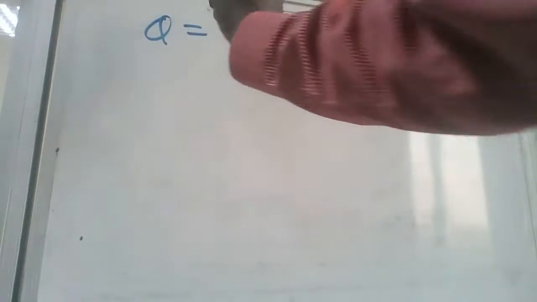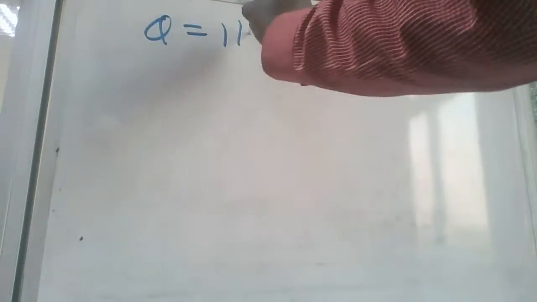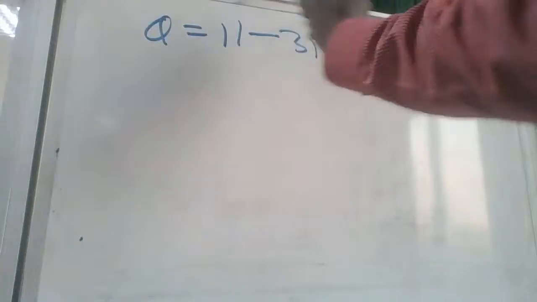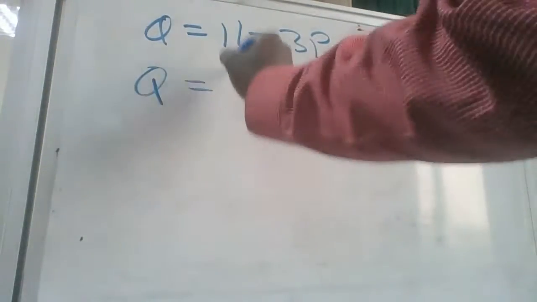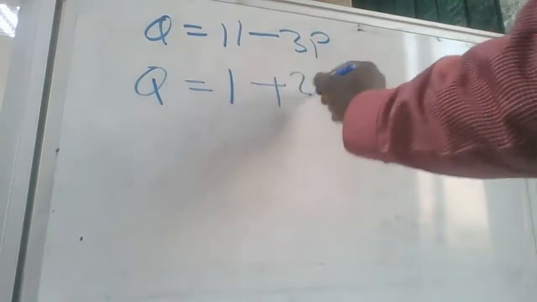Now, let's look at the function. Suppose that Q is equal to 11 minus 3p, and another Q is equal to 1 plus 2p.